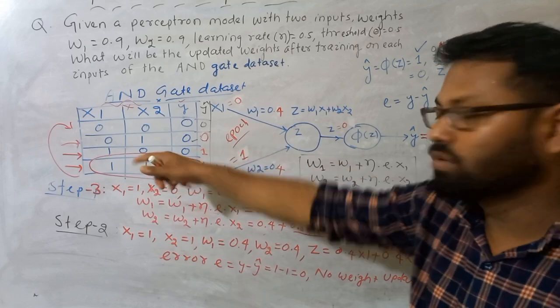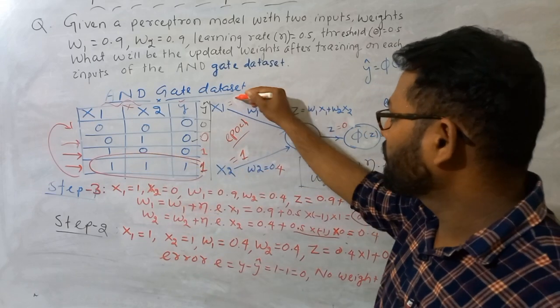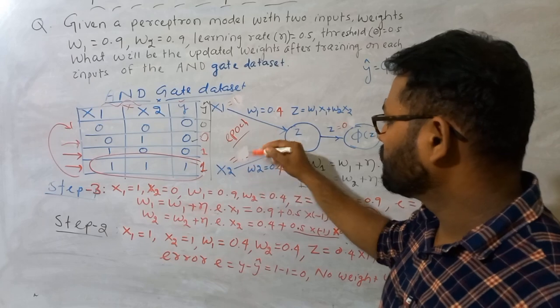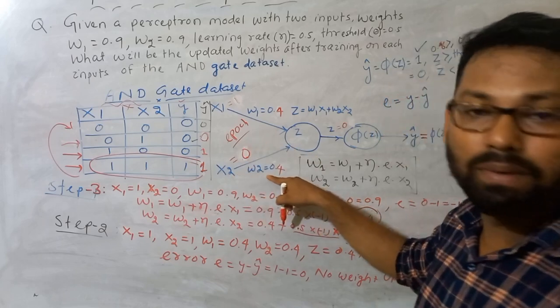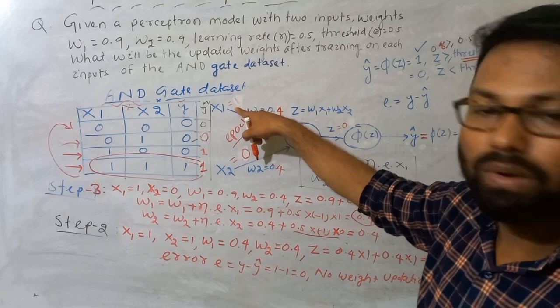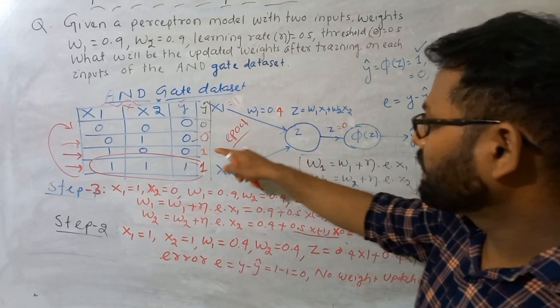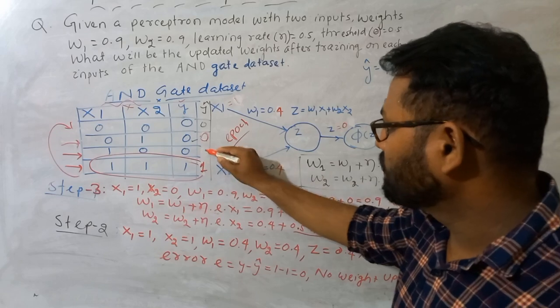Now the third sample: x1 equal to 1, x2 equal to 0. Since it is 0, that multiplication part is 0. Consider 0.4 into 1, 0.4, which is also less than the 0.5 threshold, so the predicted output is 0.